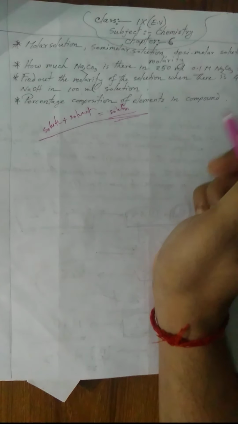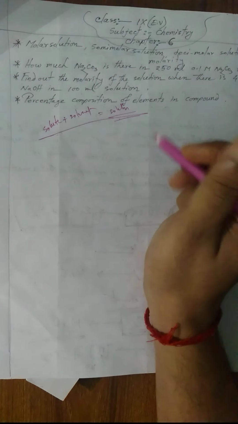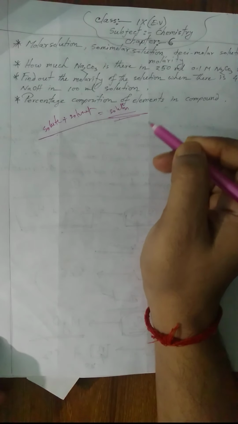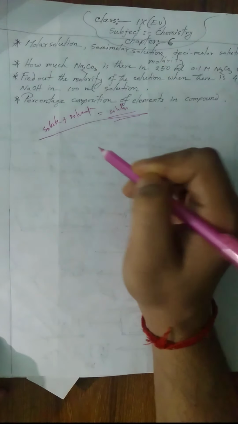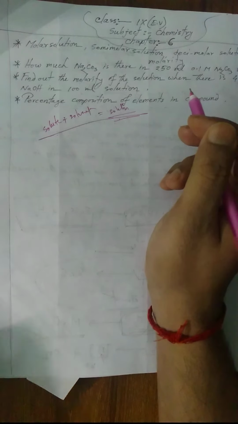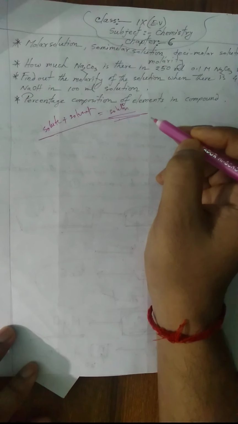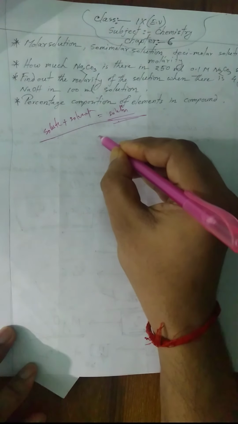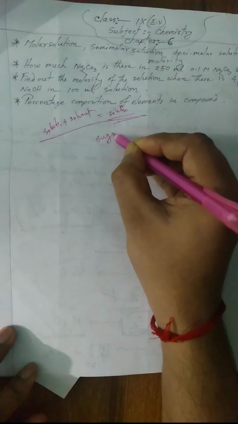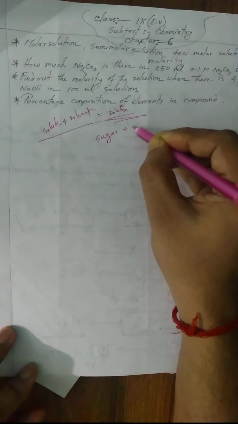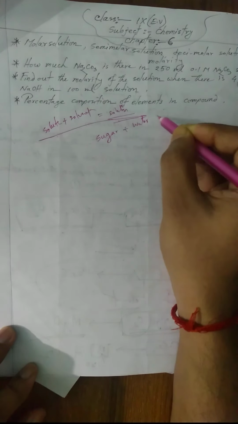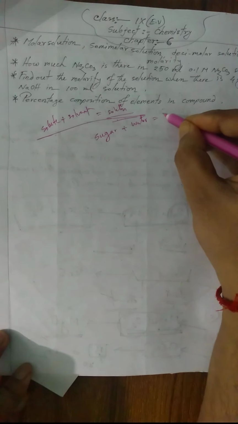For example, consider you make a drinks or beverage of sugar. So at first sugar is to be added with water, then you will get drinks.